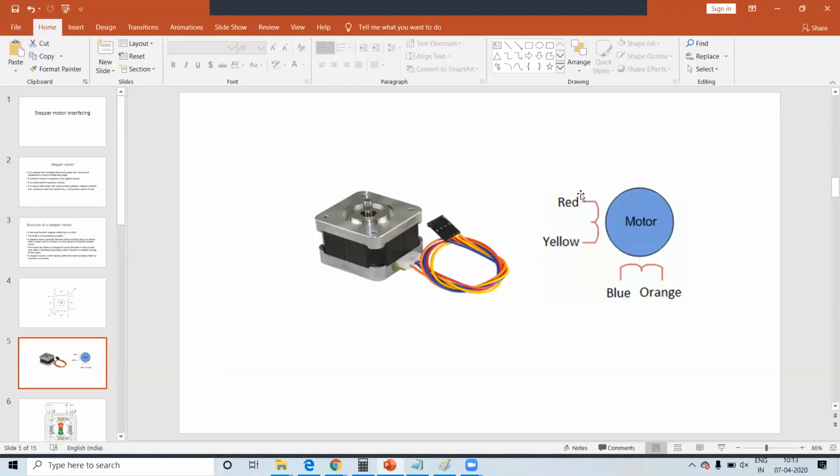The representation is like this: 4 wires, red, yellow, blue, orange. It is expected that if red is connected to 1, then yellow should be connected to 0, or vice versa. Or both can be 0 as well. That means you can connect VCC or ground, or both to ground.